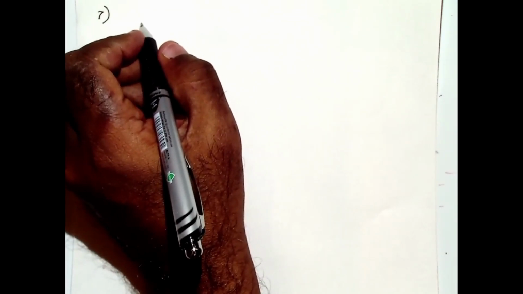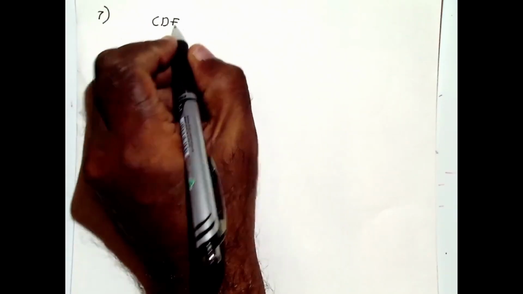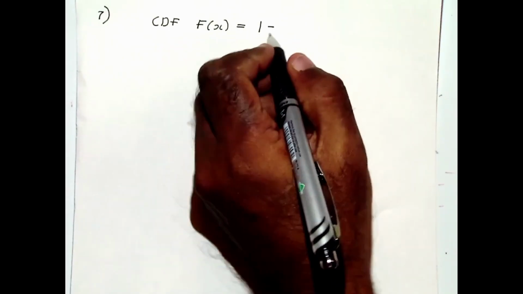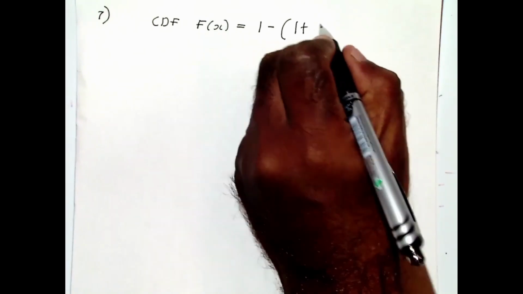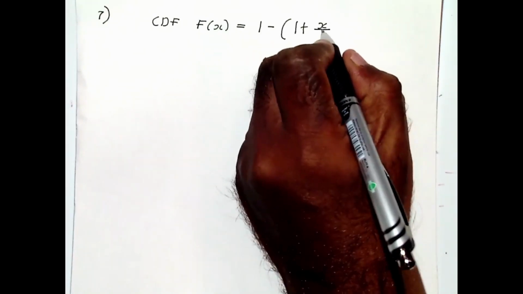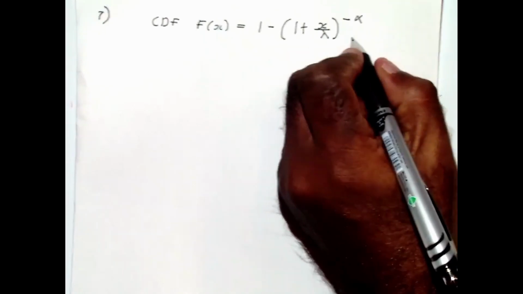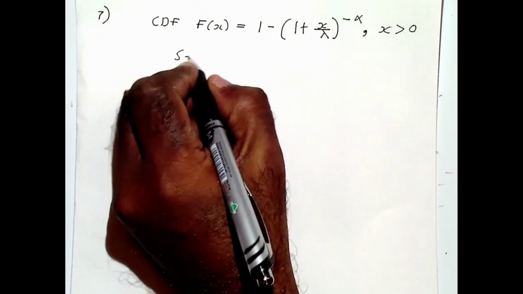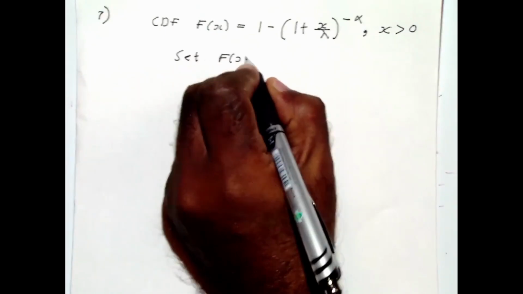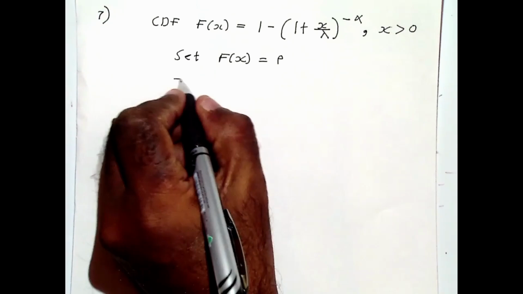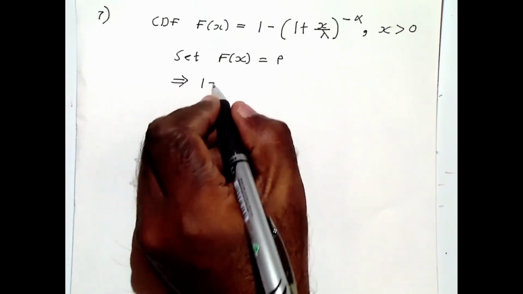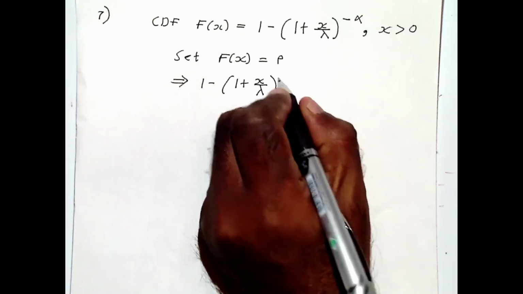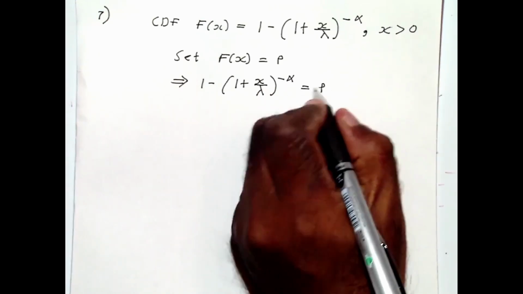So here the CDF is given as the following. X is greater than 0. So in order to find the VaR, you set the CDF equal to P, which implies this is equal to P, right?